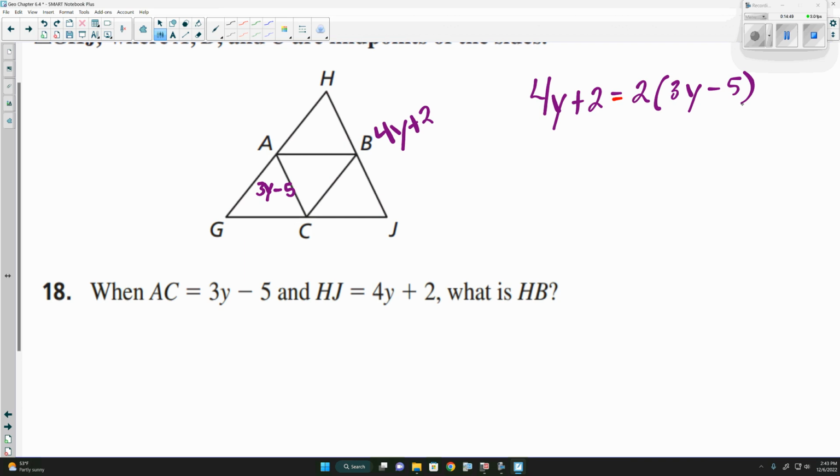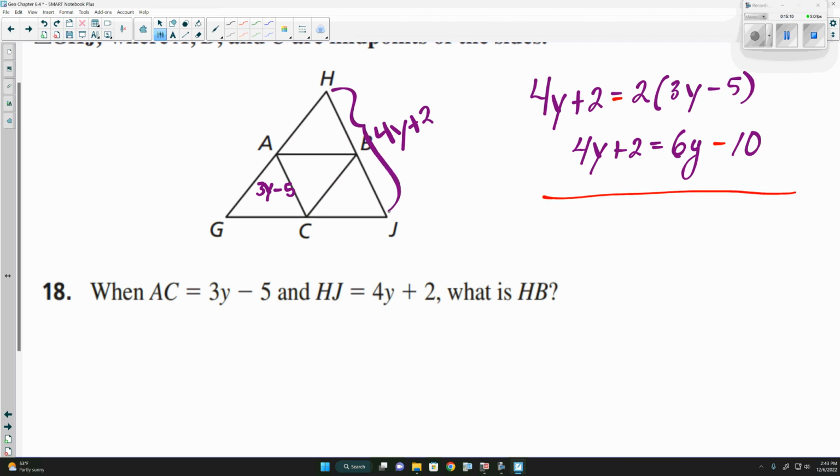So we can multiply by 2, telling us 4y plus 2 is equal to 6y minus 10. Well, yeah, so the smaller one is the mid-segment. Yeah, because they told us 4y plus 2 is the whole length.